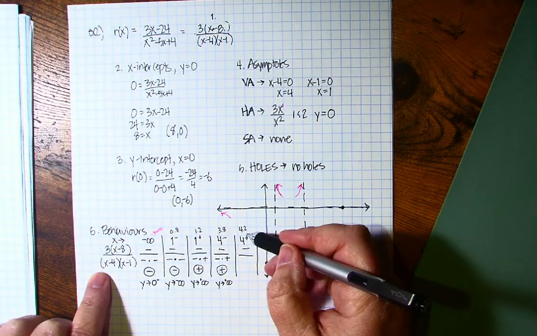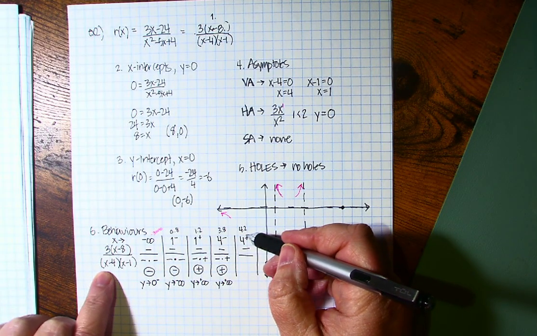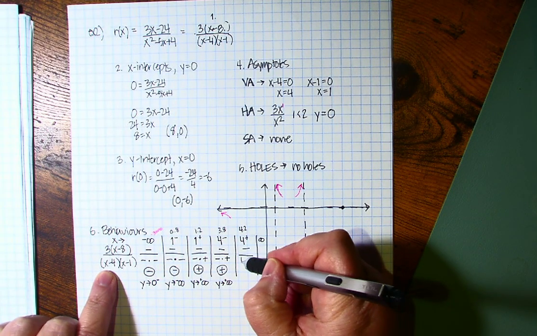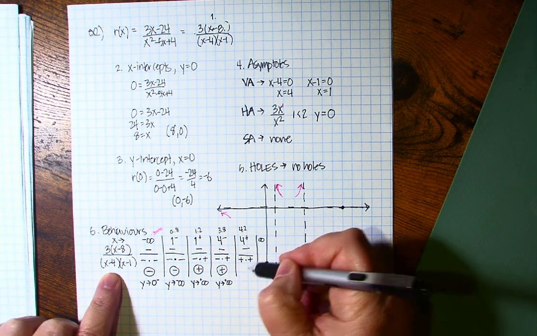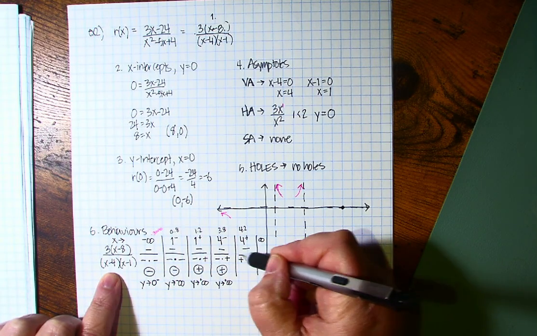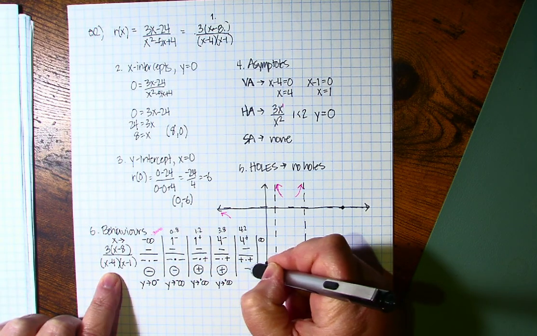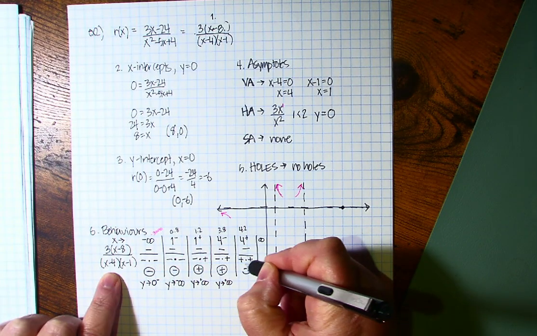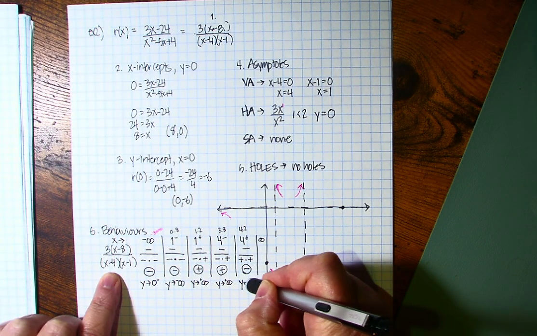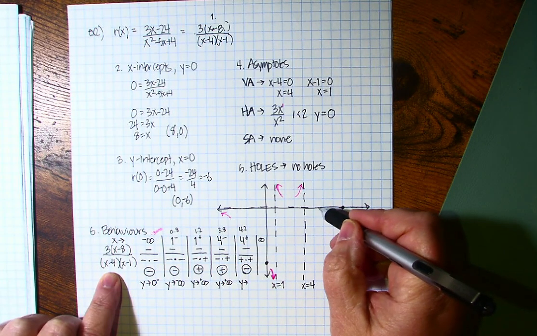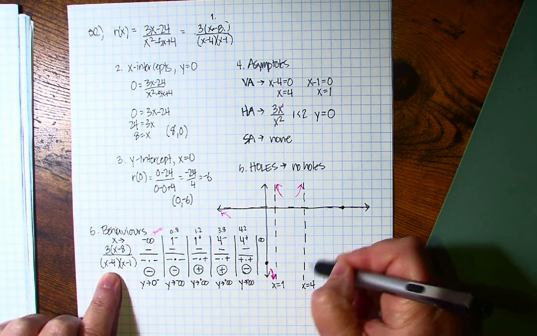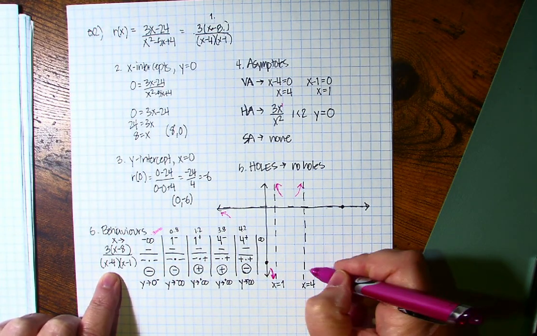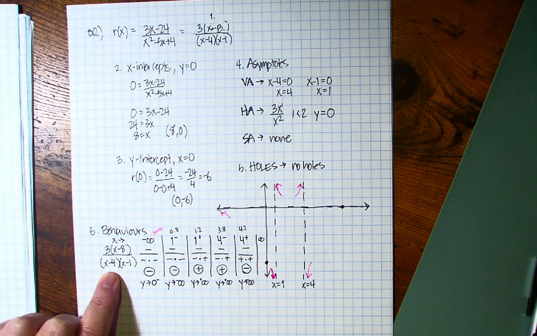Now I'm going to put the 4.2 into the denominator factors. 4.2 minus 4 is going to be positive. 4.2 minus 1 is positive. So I have a negative divided by a positive, which is a negative result. So my y values, as they approach 4 from the right, are going to go down towards negative infinity. This is going to go down.